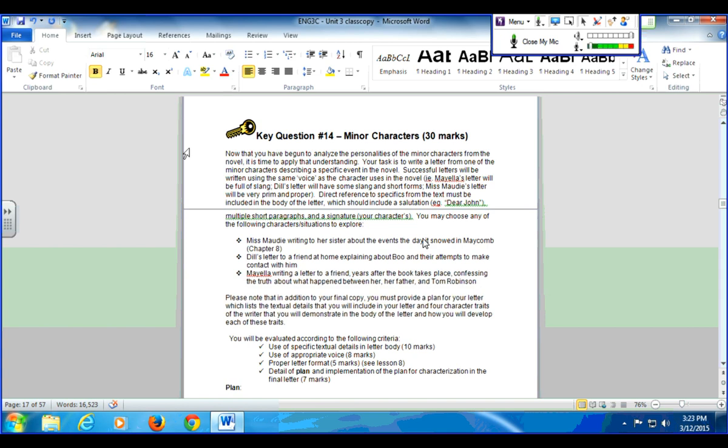Now, the third option is from the point of view of Mayella, writing a letter to a friend years after the book takes place, confessing the truth about what happened between her, her father, and Tom Robinson. So you want to choose one of those three situations and write a letter.